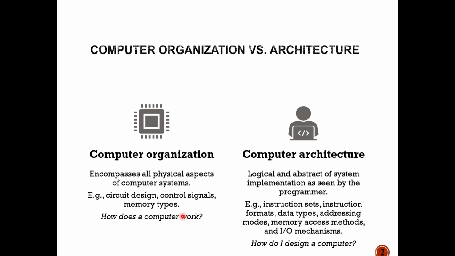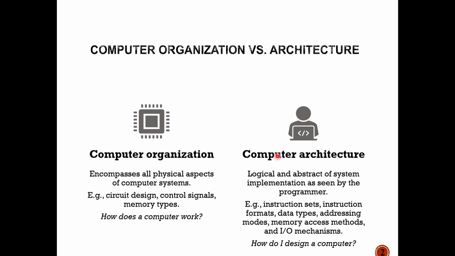What different types of memory do we want to include, like high level and more expensive memory, such as cache, which is much closer to the CPU, and how much RAM and hard drive do we want to have? There's different types of memory used for different types of things, and how expensive they are, and why we use some different types of memory sparingly compared to others. So the question computer organization asks is, how does a computer work?